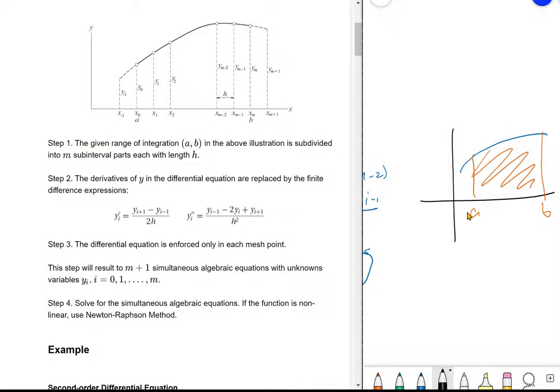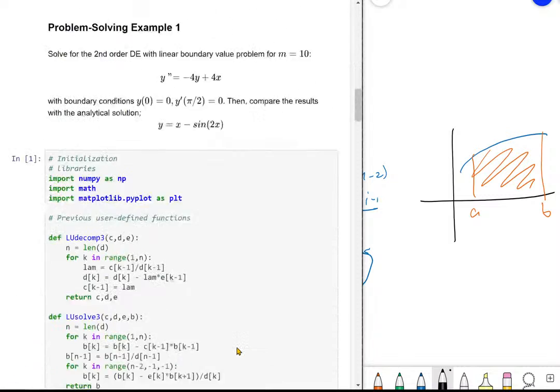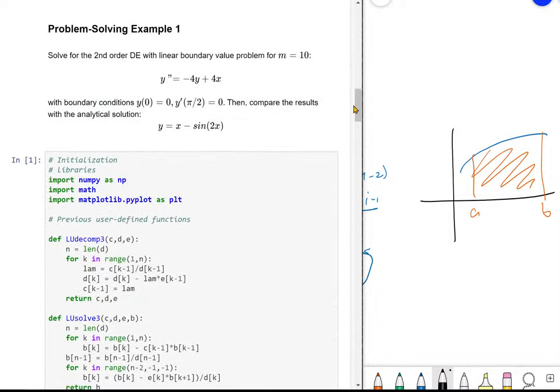So now our goal for today is to do a concrete problem solving example. We have here a second order differential equation with a linear boundary value problem. Then m is equal to 10, and we know that m is the number of slabs, or the number of panels.